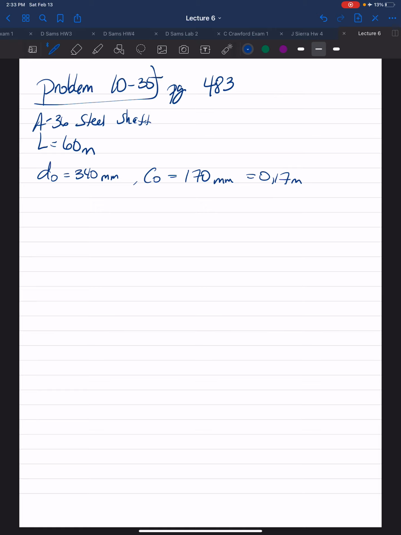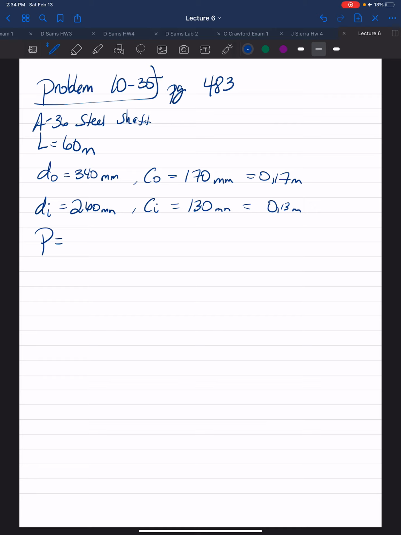And it has an inner diameter of 260 millimeters. So our inner radius is 130 millimeters, 0.13 meters.